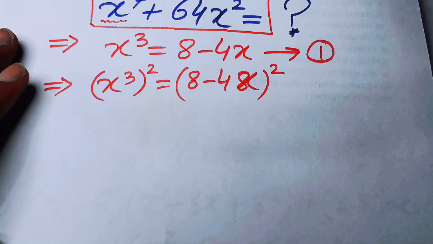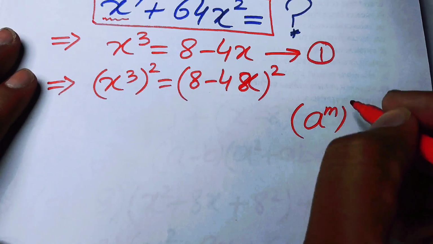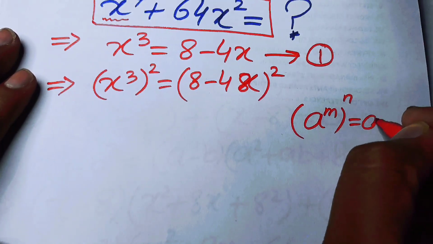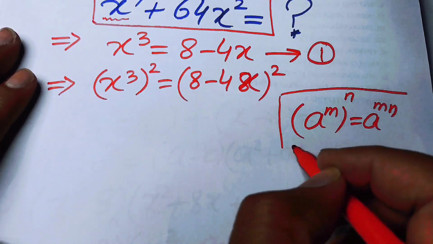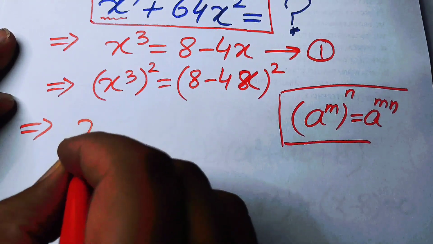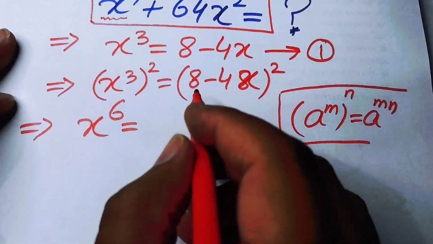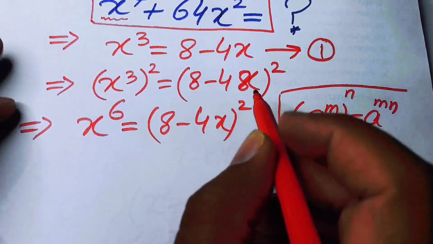Here we will apply the nice exponential law. You know that if we have a to the power of m to the power of n, it is equal to a to the power of m times n. So now we can multiply these two exponents, and it becomes x to the power of 6 is equal to 8 minus 4x whole squared.